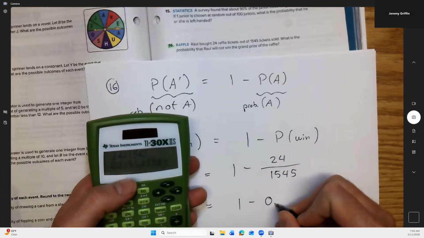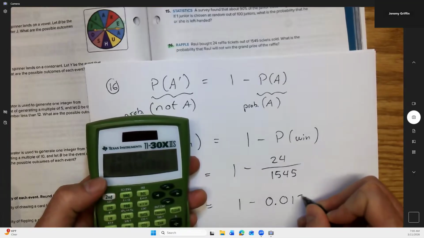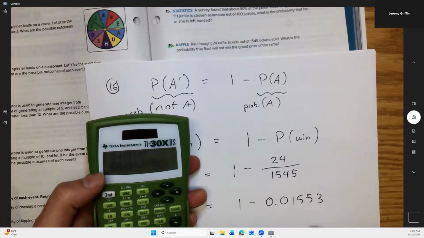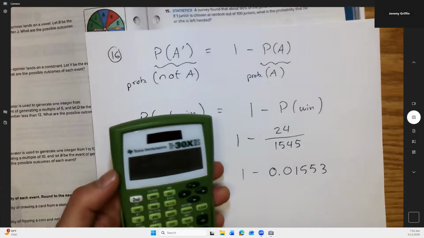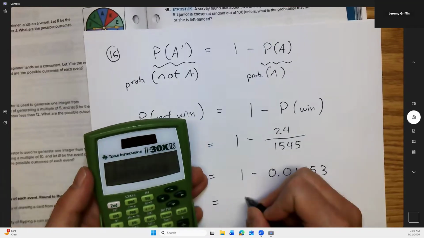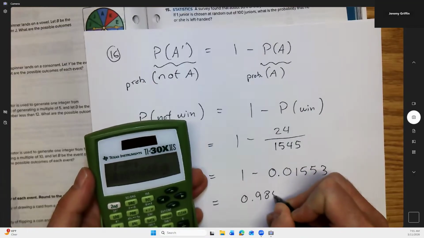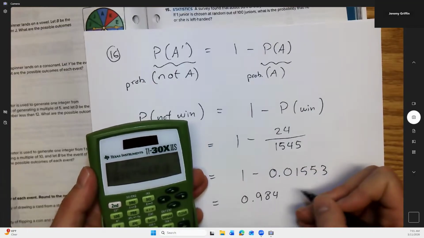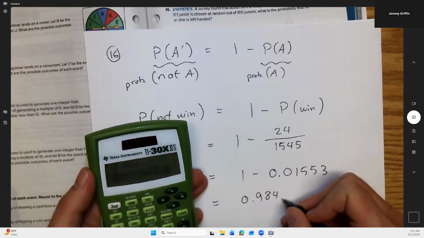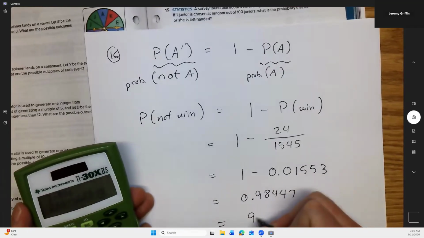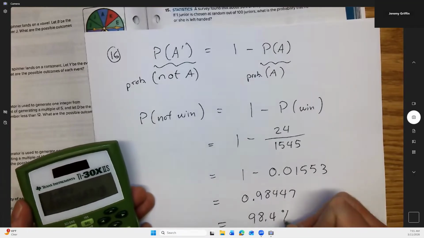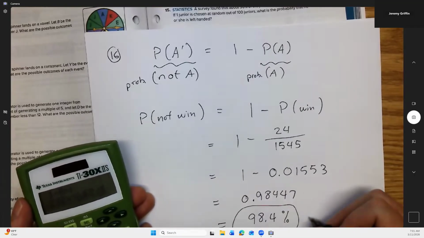That is the decimal, I'll call it 0.01553. I'm rounding a little bit. So if I do 1 minus that, I get 0.9845, or you could call that 98.4% chance of not winning.